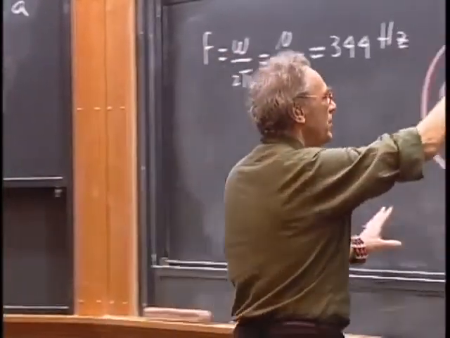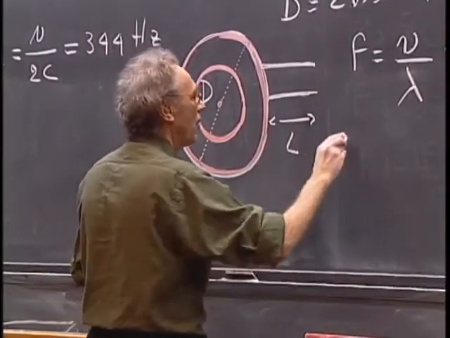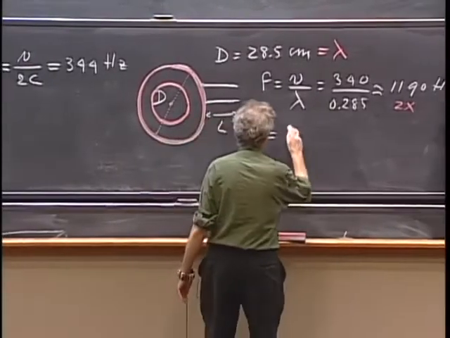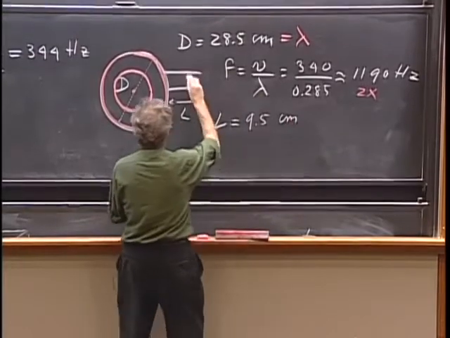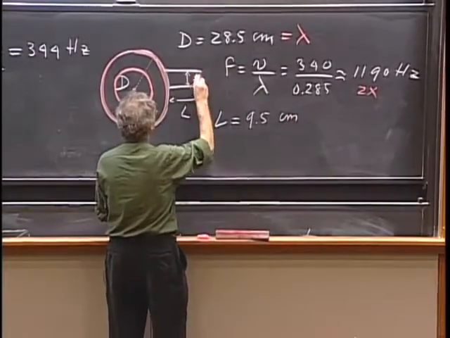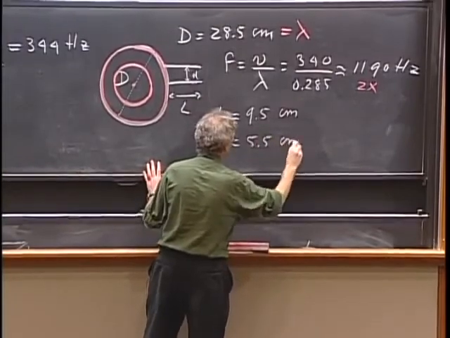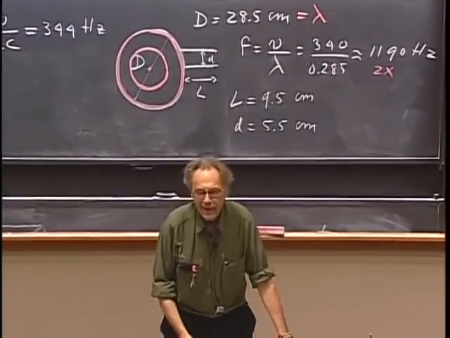You have to know D, you have to know L, which in our case, L is 99.5 centimeters, with an uncertainty of about 3 millimeters, and you have to know this D, which in our case is 5.5 centimeters, with an uncertainty of maybe 1 millimeter.